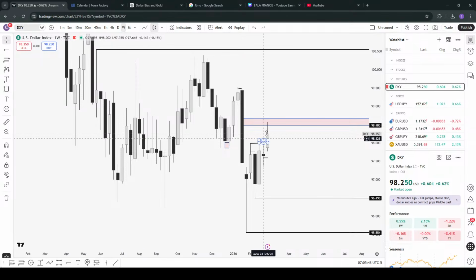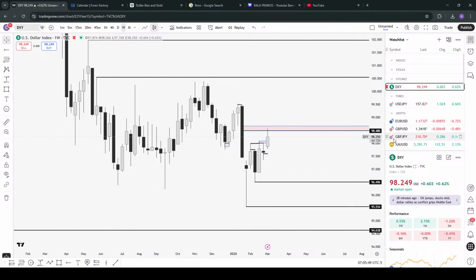All right, so I'm going to start today by taking a look at the dollar index, because the dollar index is the benchmark asset for the dollar and dollar associated currency.